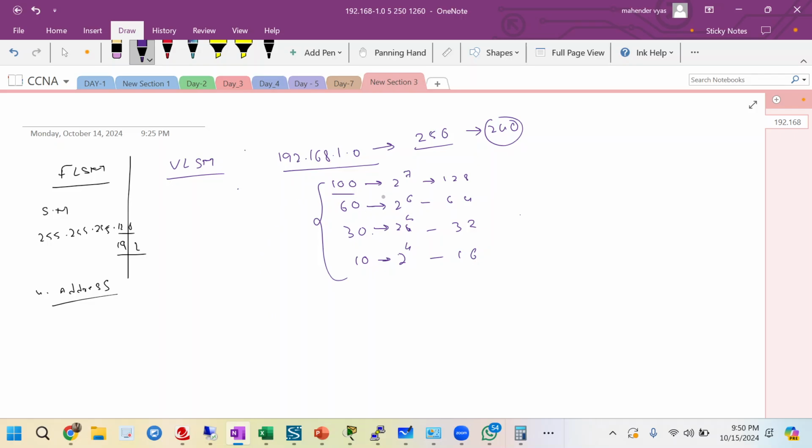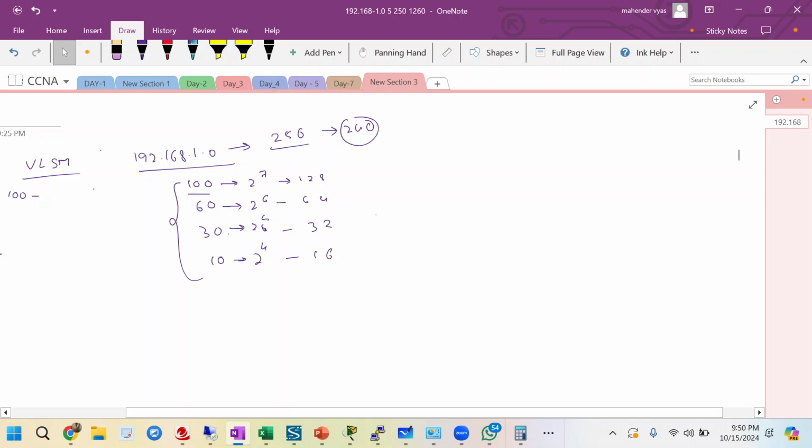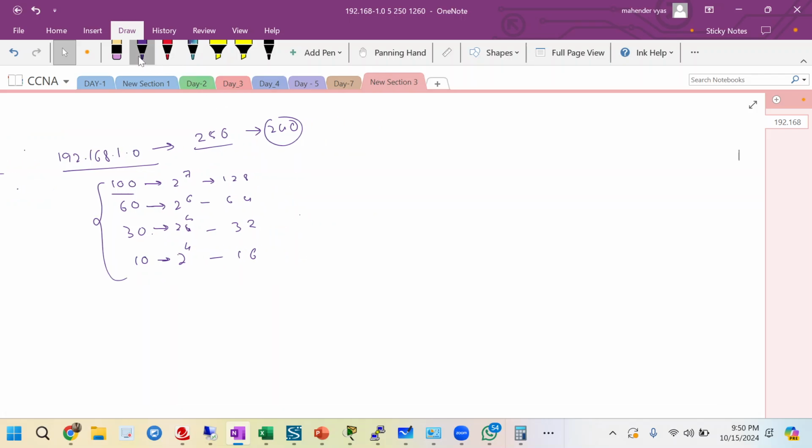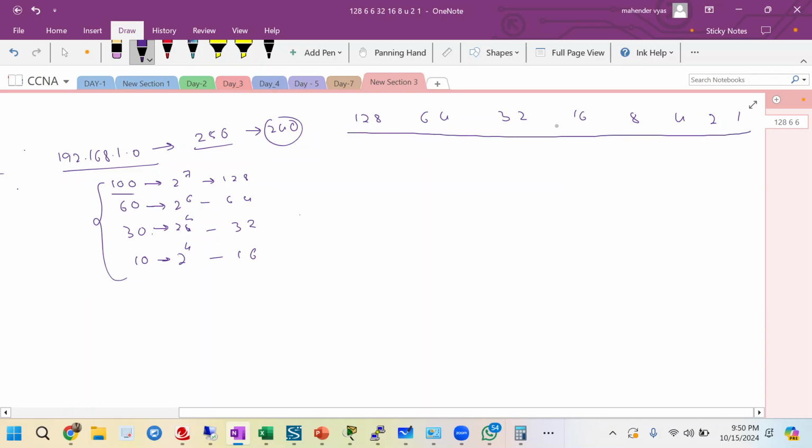So now let's do first over 192.168 for 100 users. For 100 users, what would be the subnet mask and network address? Let's see. First let me write down. We need to figure out the host bit values, right? 128, 64, 32, 16, 8, 4, 2, 1. Now for 100 users, what is my requirement?